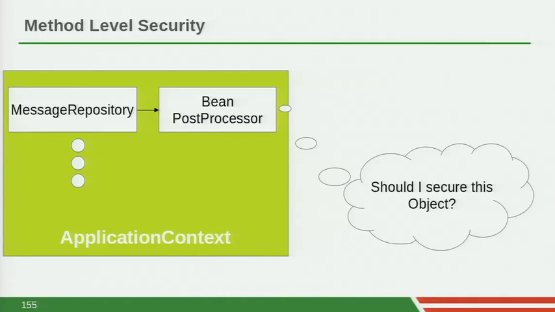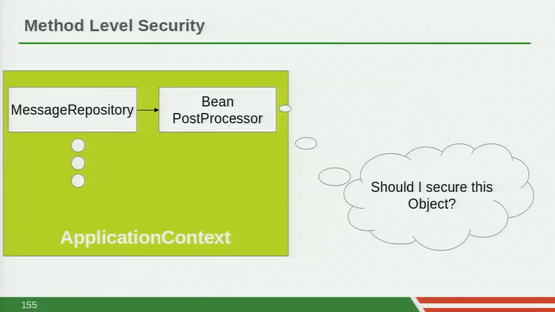And what's happening here is we have an application context that's represented by the green, or depending on how good the quality of the monitor is, maybe that's yellow. I'm not really sure what it looks like to you guys. But the application context is that big box, and it has a number of objects inside of it. And one of them is the message repository.